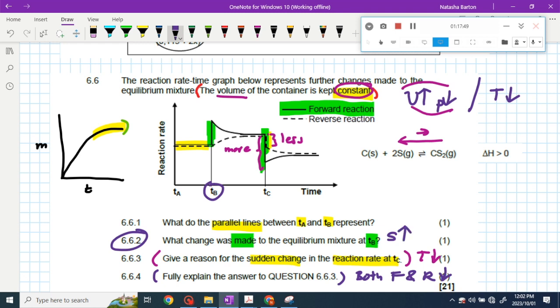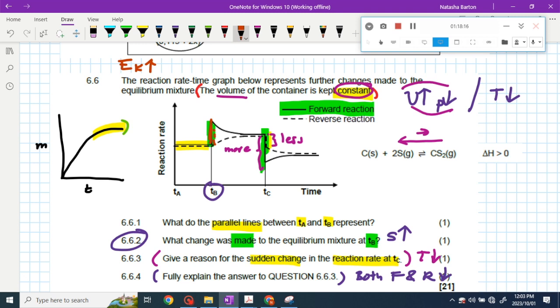Okay, the reason why it's not temperature is because remember, temperature means a higher kinetic energy. So when you increase temperature, what should happen is this one should go up and the dotted line should also go up. Even if it doesn't go up as much, the dotted line should also go up. So we know it's not temperature because the rates of both reactions are not affected.